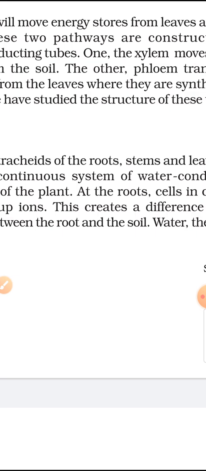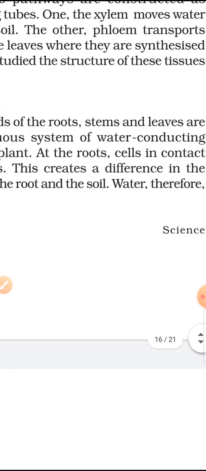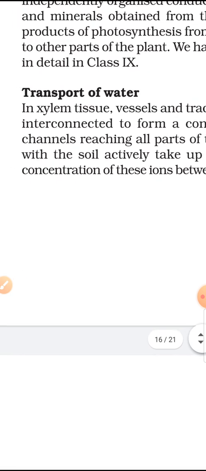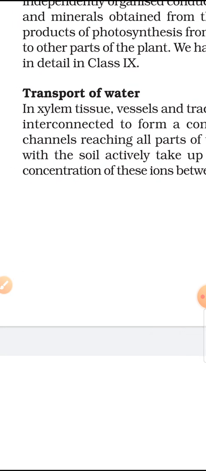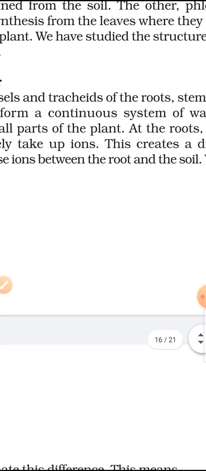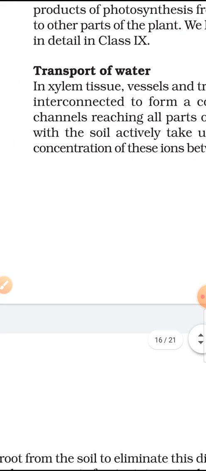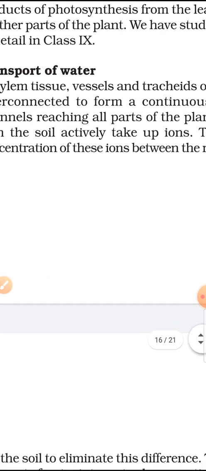At the roots, cells in contact with the soil actively take up ions. This we have done, that roots are directly connected with the soil and from the soil the ions are taken. This creates a difference in the concentration of these ions.